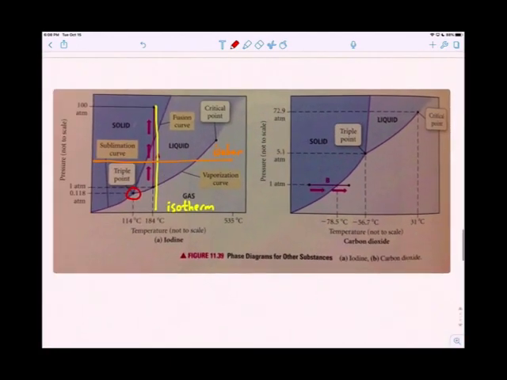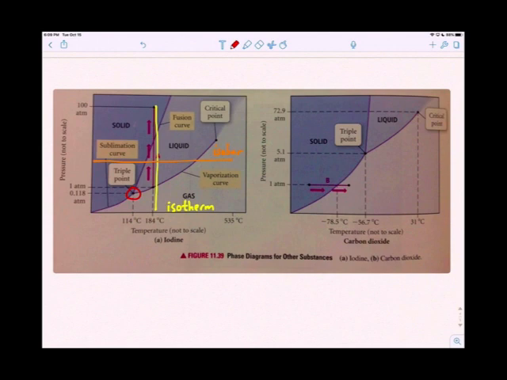Okay, let's talk about some other things here. Here is iodine on the left and carbon dioxide on the right. We have the isotherm and isobar, as we said before, but you can see here that the curves are different. Water's goes this way, but these ones go the proper way.